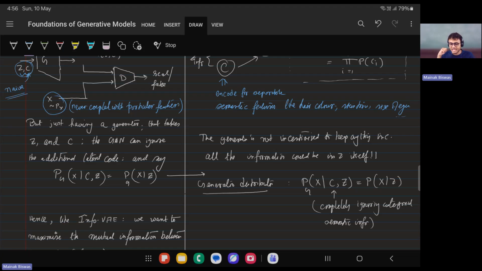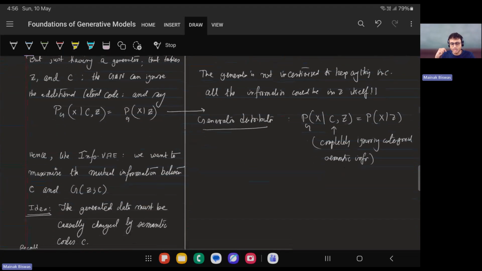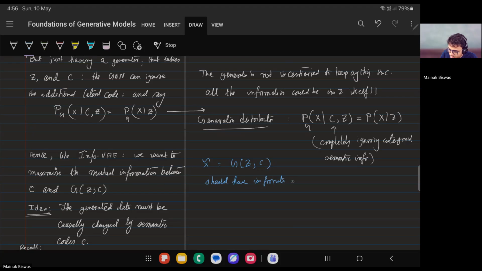So if I want to really have semantic information, the output x tilde, that is, G of z comma c, should have information explicitly about c, and we have known how to do that. We can do that by maximizing mutual information.